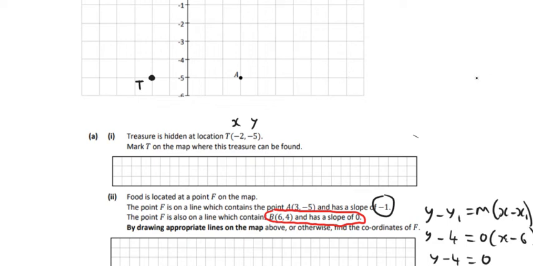It won't be rising, it'll be going down. -1 is the same thing as -1/1, so rise and run. For every 1 it goes down, it goes across 1 as well. So it goes down 1, across 1, down 1, across 1, down 1, across 1. That will be the slope of the line.